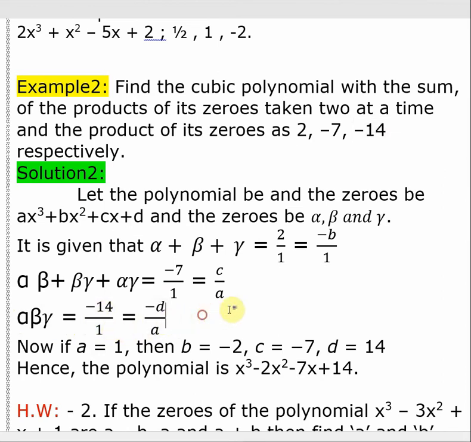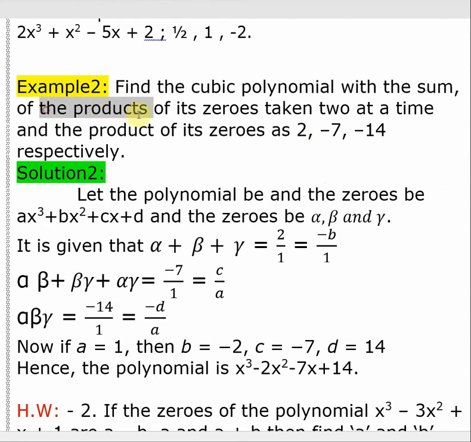Now the language in this sum may be a little complicated for you, that's why I will read this once again and explain what it is. It is telling that find the cubic polynomial with the sum, that means alpha plus beta plus gamma, 2 by 1, 2.